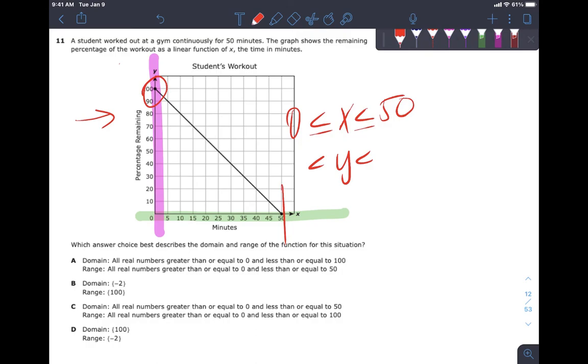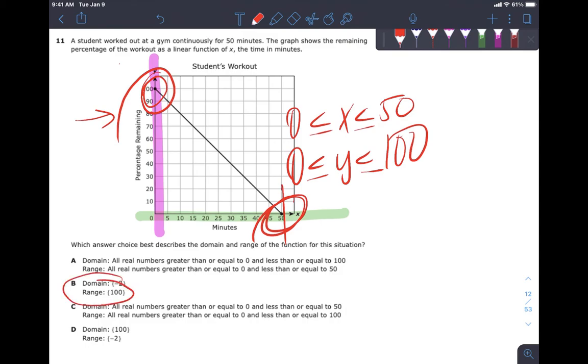Now I'm going to look for the lowest point on my y-axis, which is also 0, and it's filled in, so I put my extra line. It goes all the way up to 100. Dot is filled in, my extra line. So my domain is all real numbers greater than or equal to 0 and less than or equal to 50. My range is all real numbers greater than or equal to 0, less than or equal to 100.